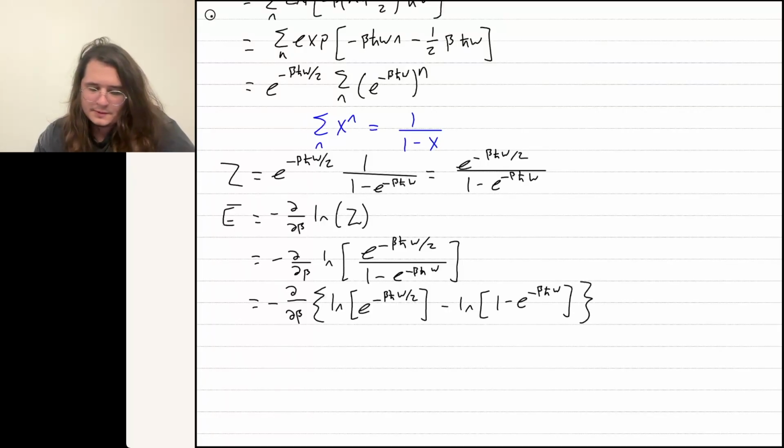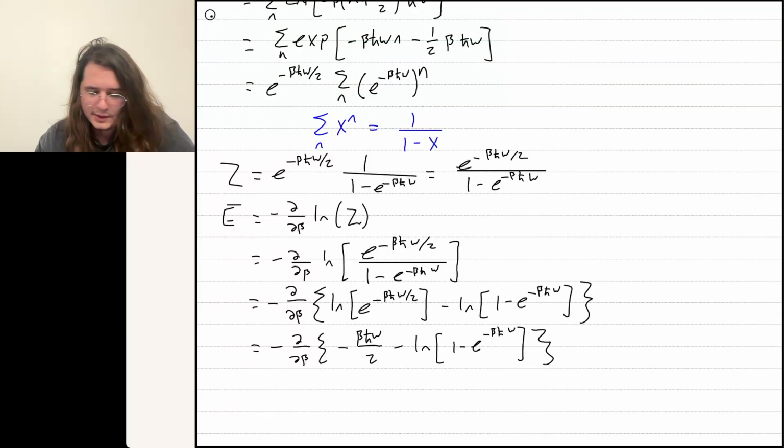Close the big braces. And then the natural log of an exponent is just the argument of the exponent. So it's del beta, big braces, minus beta h bar omega over 2 minus natural log 1 minus e to the minus beta h bar omega. Right?